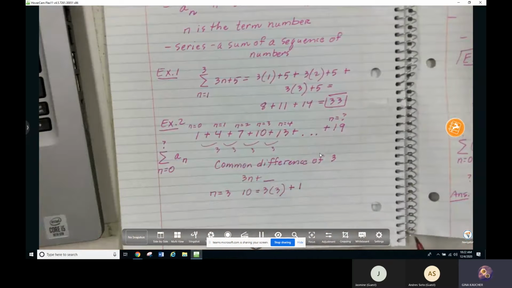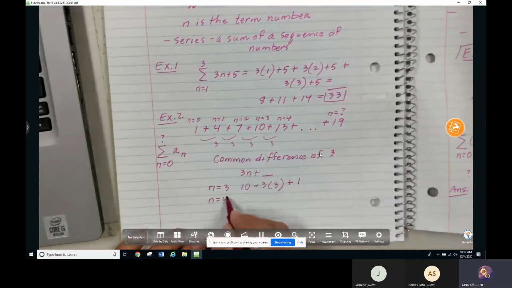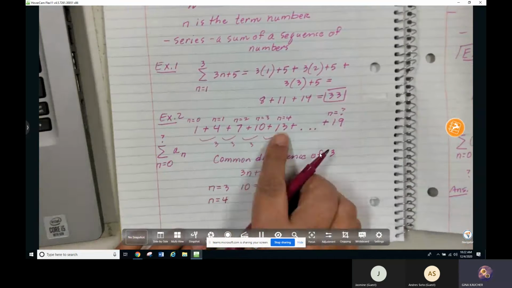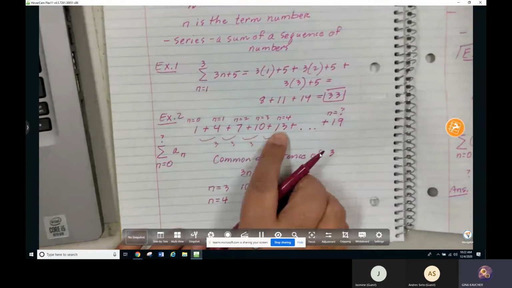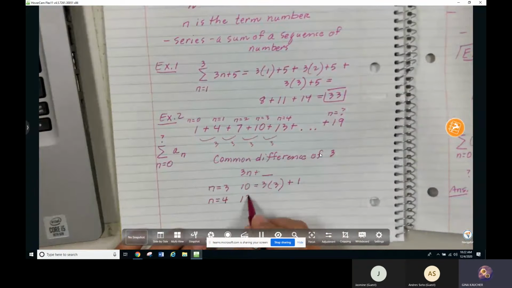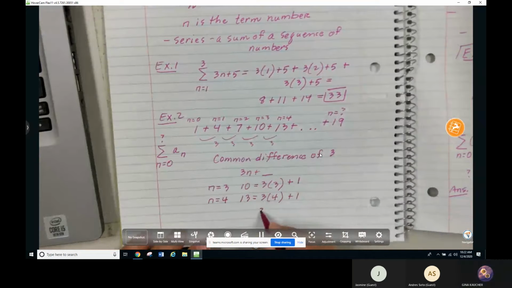So it looks like it's going to be plus 1. We can try another one. You can do where n equals 4 is 13. So 3 times n, that's 4. 3 times 4 is 12 plus 1. So yes, the rule is 3n plus 1.